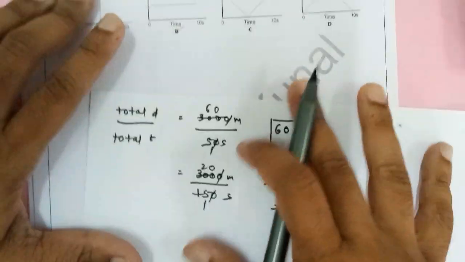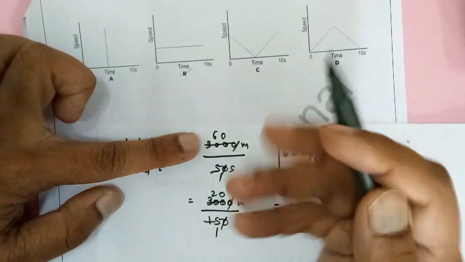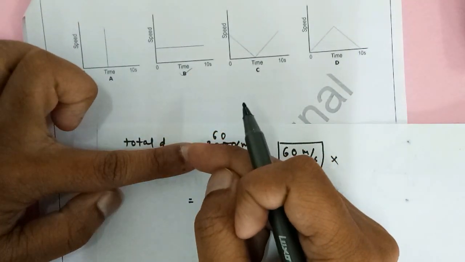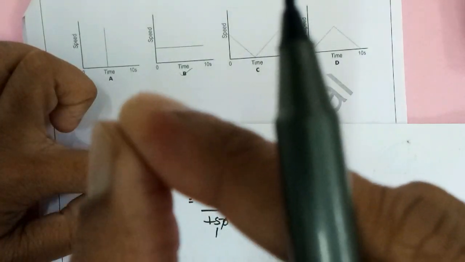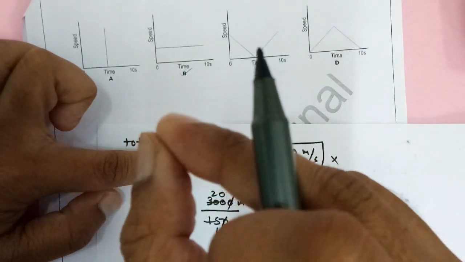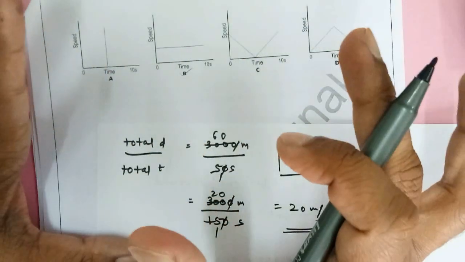Now viewers, you are supposed to understand one thing. When we throw anything up, the earth tries to pull it down. So when the object goes up, the speed keeps on decreasing, and finally at the highest point the ball stops. And from there again the speed keeps on increasing, and when it reaches your hand the speed is maximum.